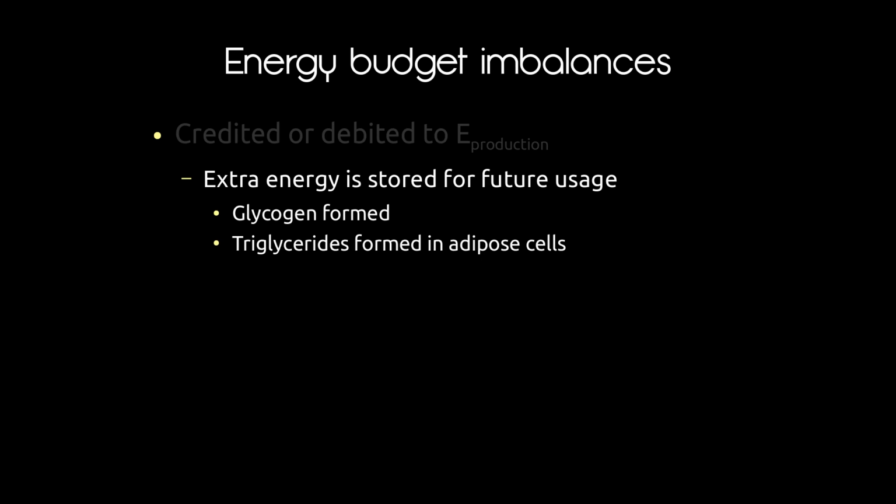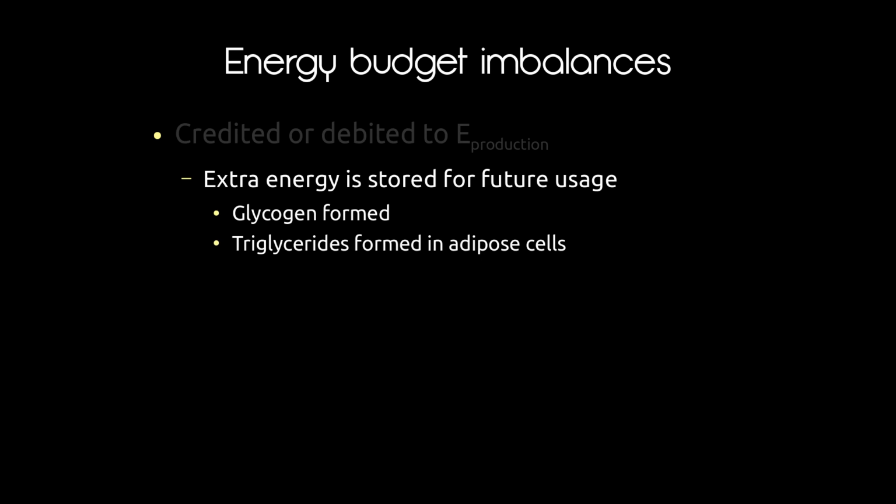So let's talk about what happens when our energy budget becomes unbalanced. The first place energy is credited or debited from is the energy used for production. Energy can be stored as materials in the body and can be taken from those stores when intake gets low.